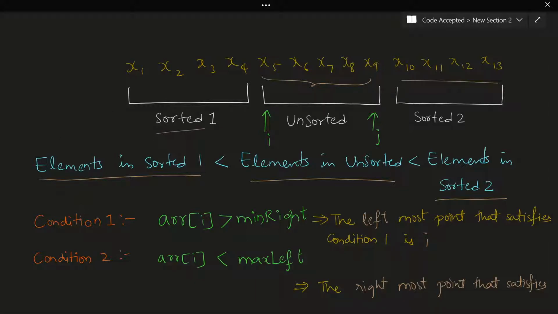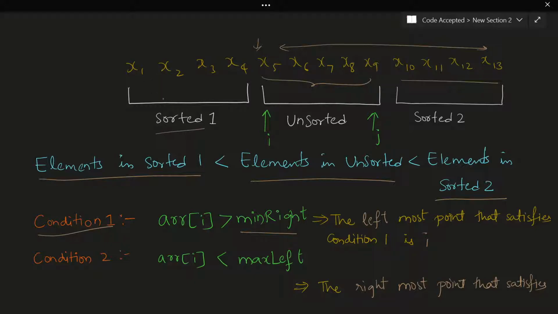Take a look at condition 1, which states that ARR of I is greater than the minimum of right. What does it mean? If we take an I, and it is greater than the minimum from the right side of it, when can this condition be true?